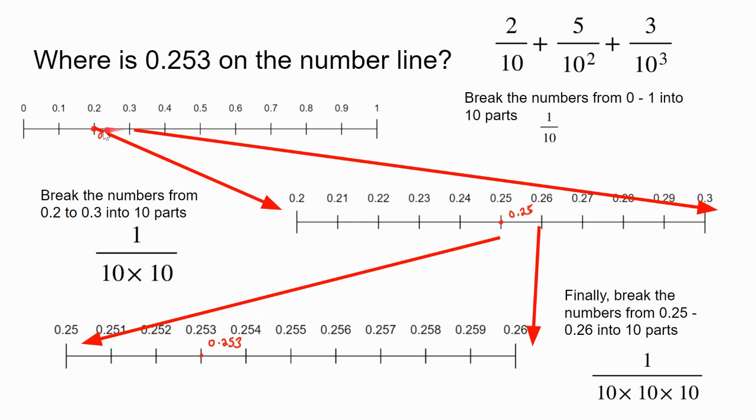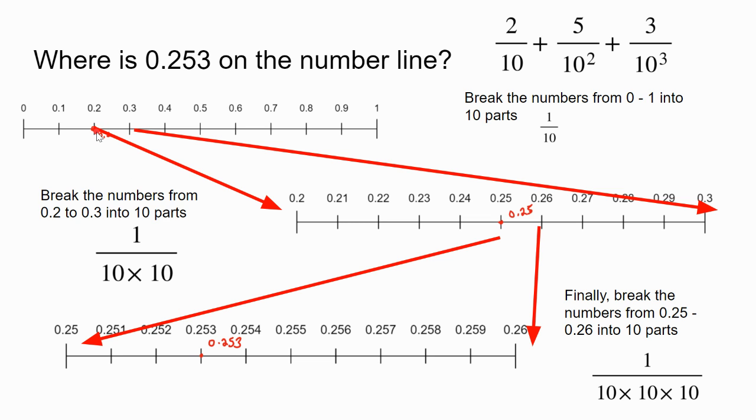Then if I take this part of the number line between 2 and 3, and I expand it out into 10 spots, so between 0.2 and 0.3, 0.25 is right there. And then if I take this spot between 0.25 and 0.26 and I zoom in on that, 0.253 is this part right here, the third spot.